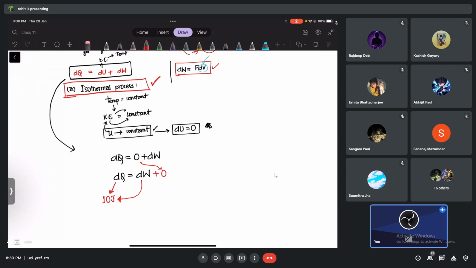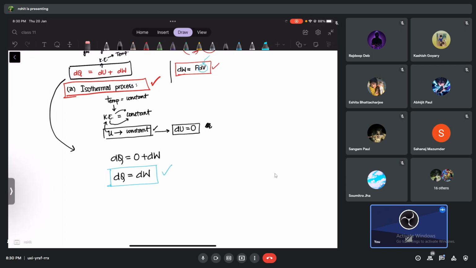All the energy which the gas gains does not increase its internal energy or change its temperature. All of it is used up by the gas to do work. I think this part is clear. So this is the first one, the isothermal process.